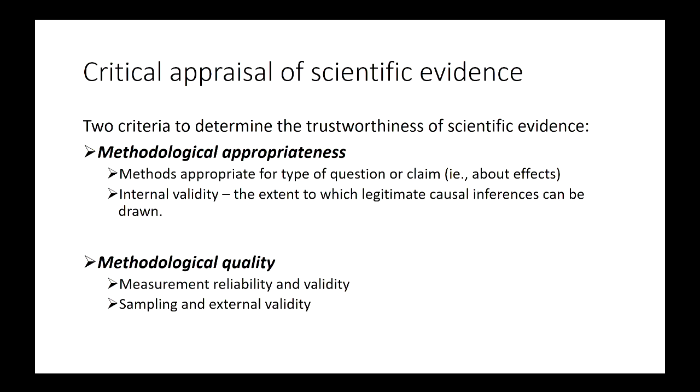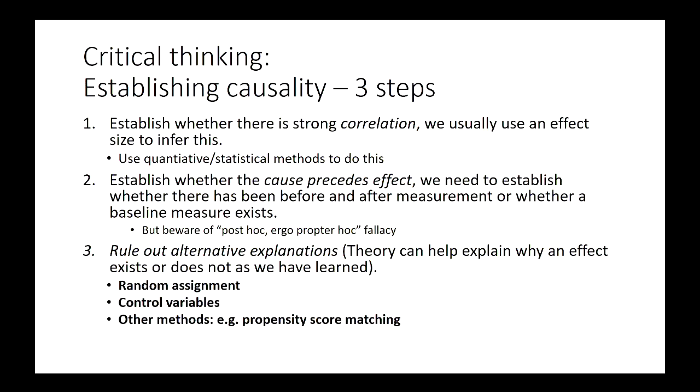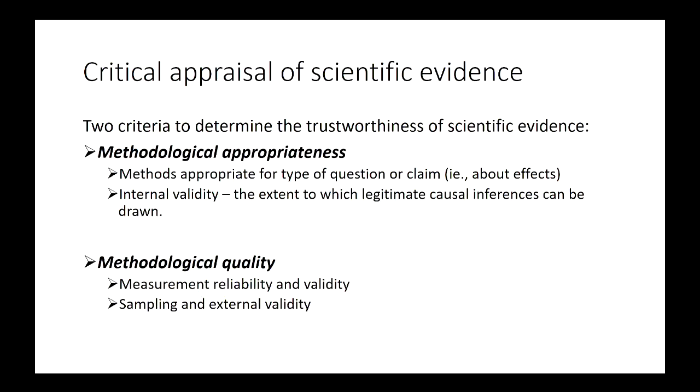When you go out and acquire scientific studies for your gap, to answer your question, you need to judge whether the methods they're using allow them to perform each of these steps. If they show correlation, if they show that cause precedes effect, and if they do a random assignment, for example, then that's a good, high quality, trustworthy study. It shows cause and effect convincingly.